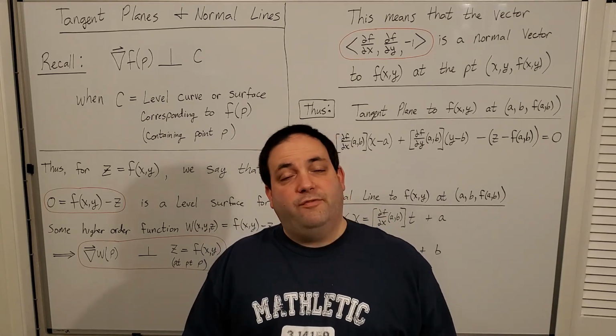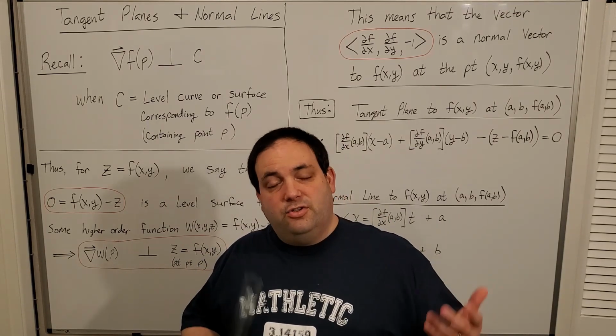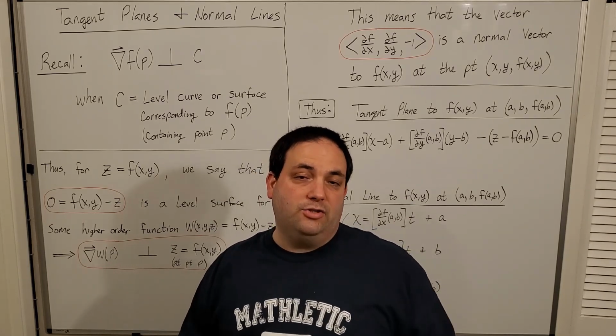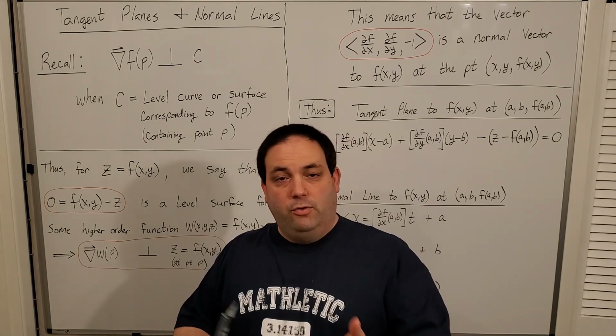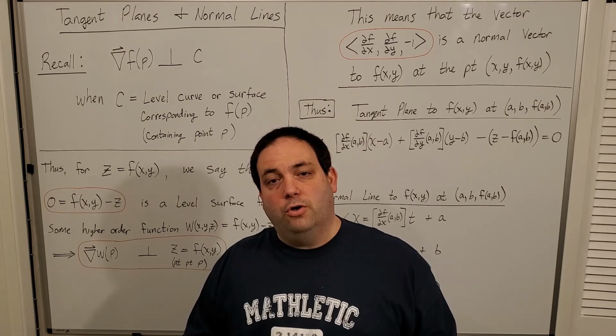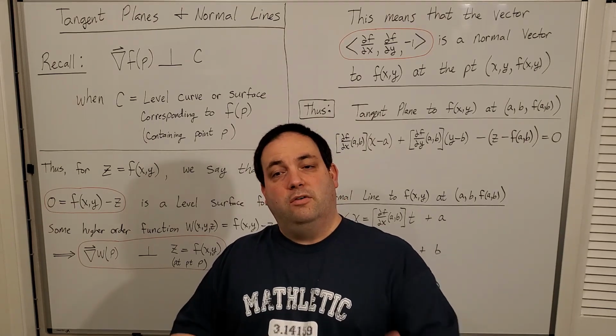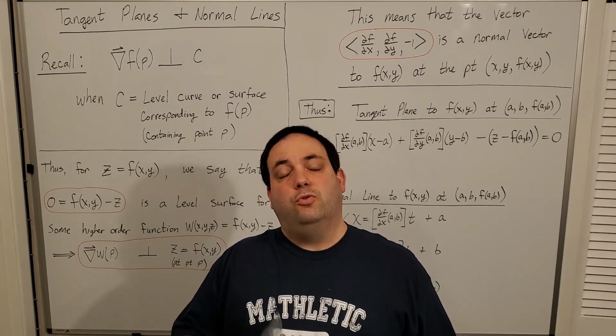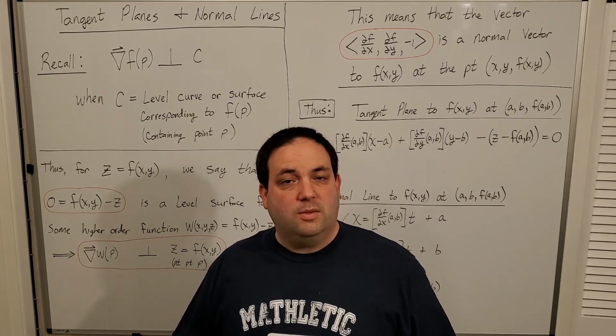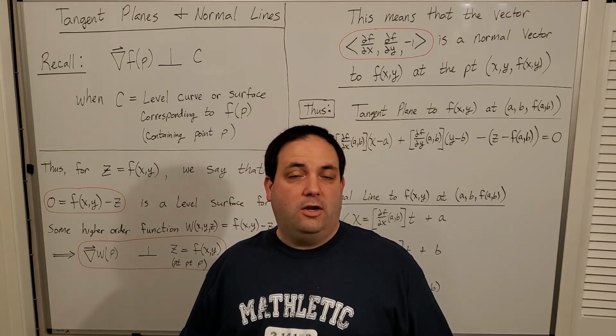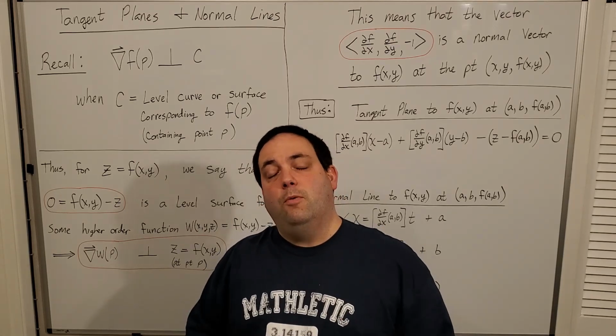And there are a few applications of these tangent planes, just like tangent lines have applications to curves. If you remember, tangent lines are useful for approximating the values of curves. They're also useful for approximating a shape of a curve, and so on and so on.